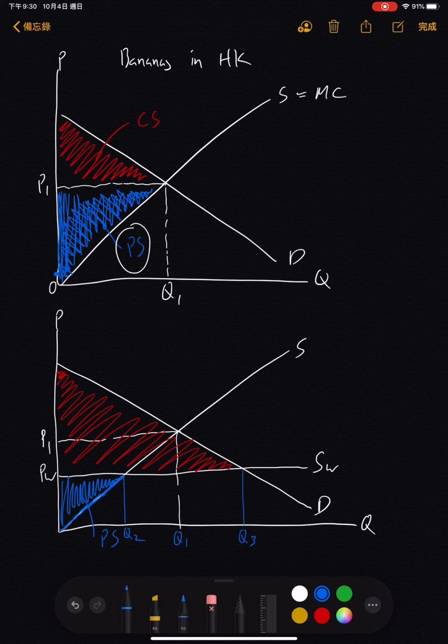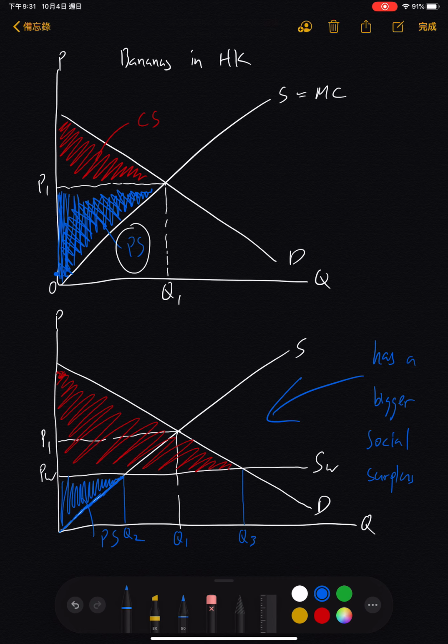When you look at this diagram, and compare when Hong Kong is just trading domestically with when Hong Kong is open to international trade, you can actually see the beauty of having free trade, because when you compare the social surplus, this one right here has a bigger social surplus than the one when they just trade domestically.